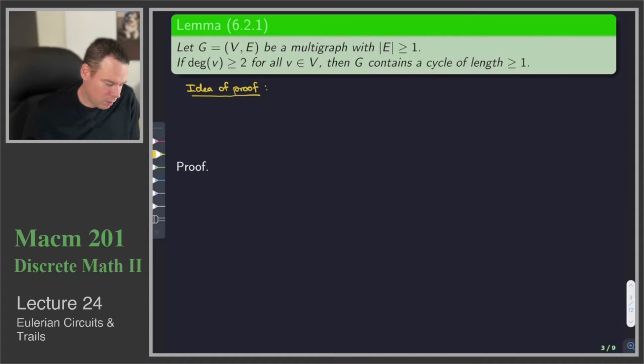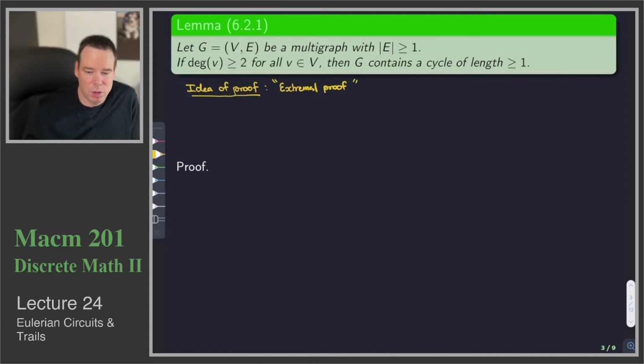So what is the idea of our proof? We're going to use an extremal proof. So this is our technique we're going to go with. And what is an extremal proof? It just says get greedy. It says take the biggest thing possible, whatever that thing is that you're interested in, and see what happens.